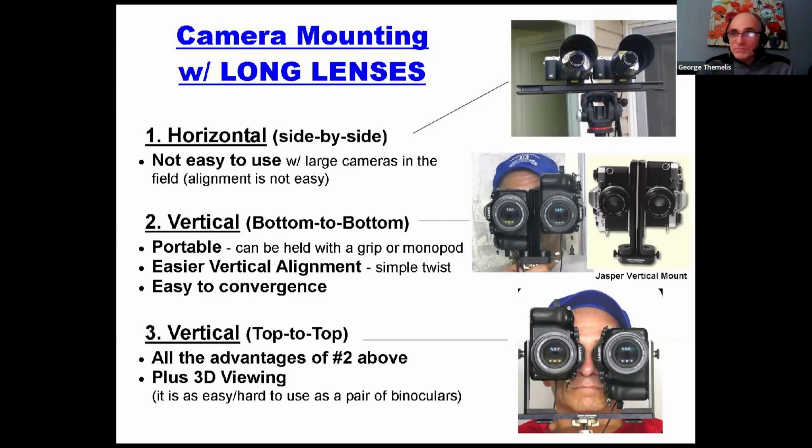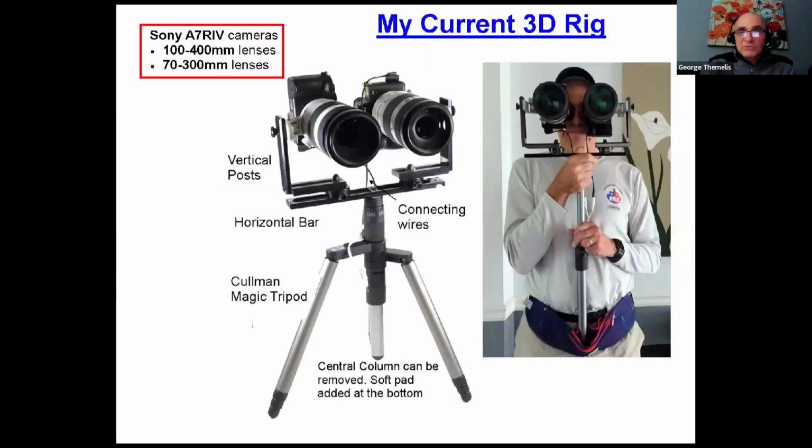I don't know how many of you use binoculars to look at birds, but it's still kind of a challenge to find what you're looking at, but it's a lot easier when you look through both cameras, you see your subject in 3D, you can converge them and you take the picture. If you see something that you like, you take the picture and then it stays there in the viewfinder so you can study it for a while. So this is the configuration that I like. This is my current rig for wildlife.